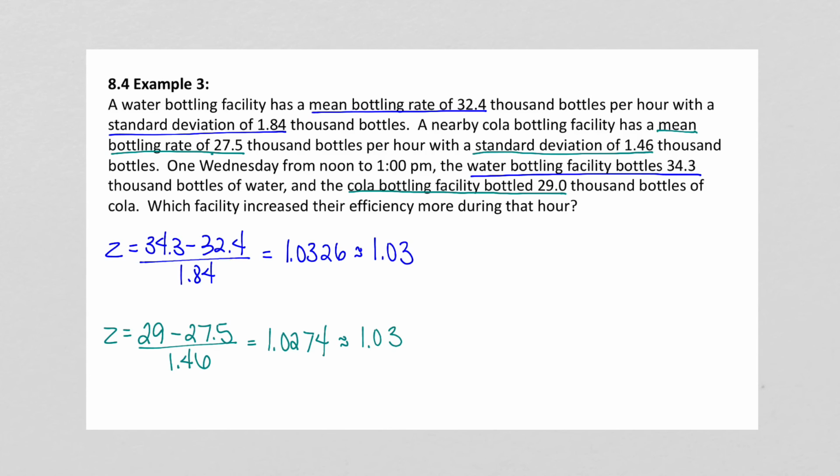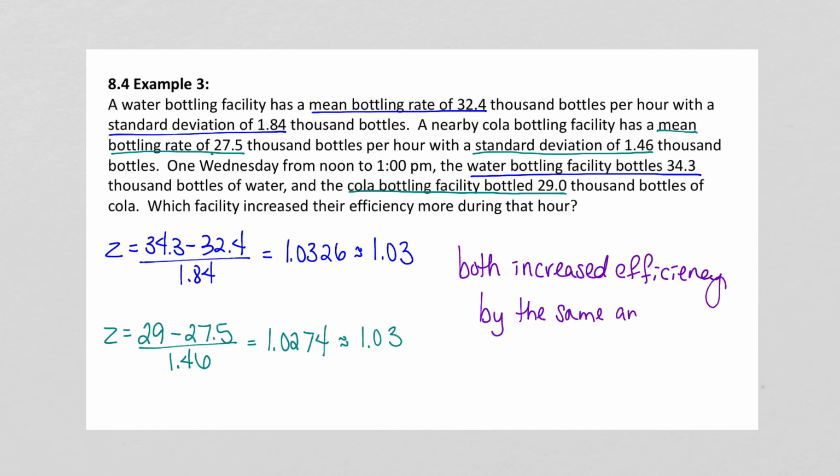Well, the z-scores are the same, so they both actually increased their efficiency by the same amount. If we had gotten negative z-scores, that means their efficiency had decreased, by the way.